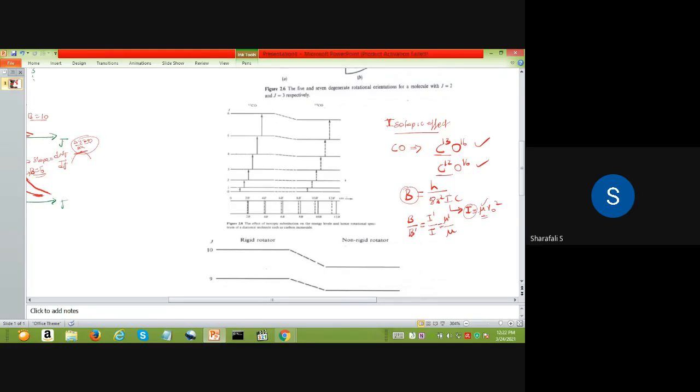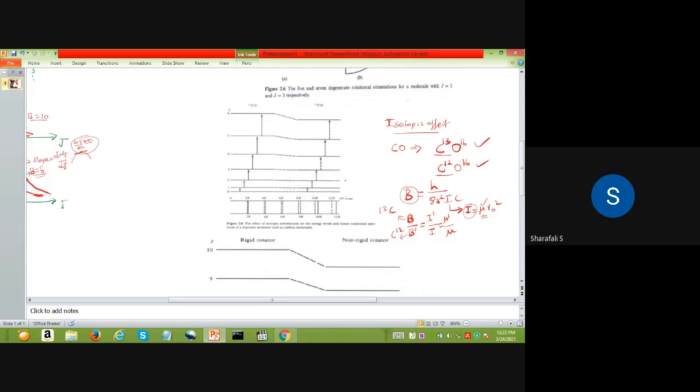So if you take the ratio between B and B dash, where B dash is the B value with the isotopic substitution, or if you replace one atom with one of its isotopes, then this mass will vary. Initially, for example, in this case, we have carbon 13, and then we replace that with carbon 12. We have a different B value.